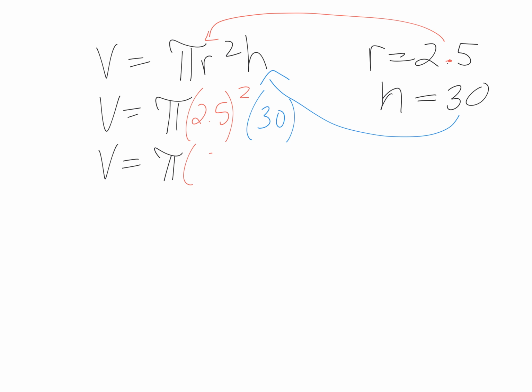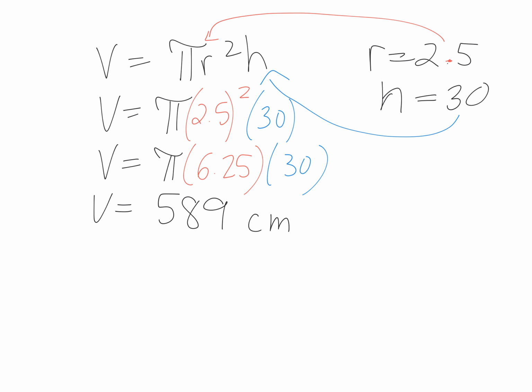Good, 6.25. And now we can calculate pi times 6.25 times 30. The volume of the cylinder equals 589 centimeters, what? Cubed. Volume is always cubed.